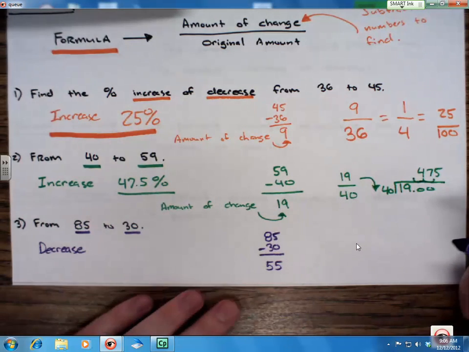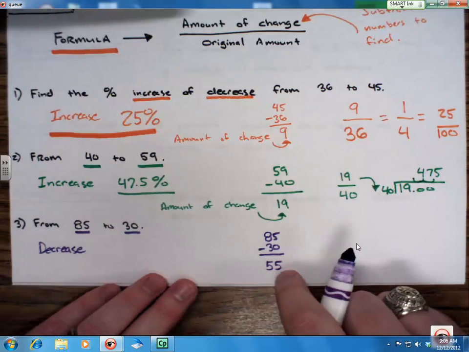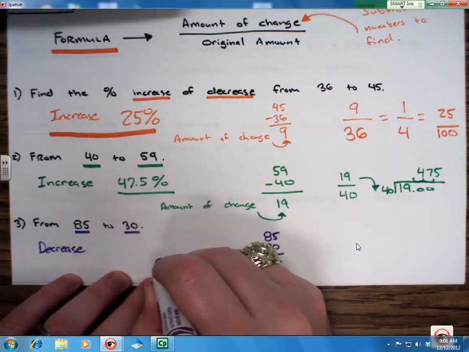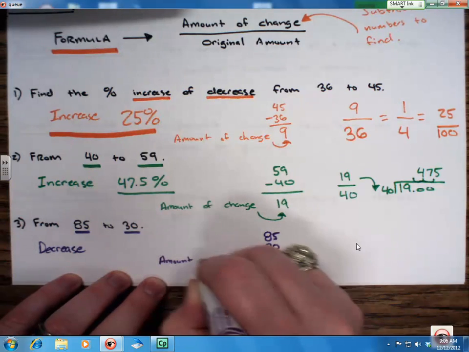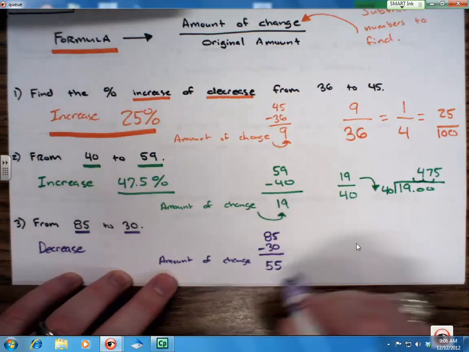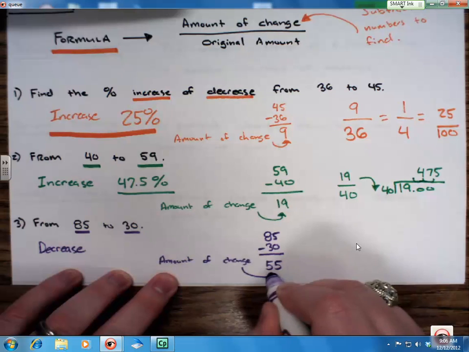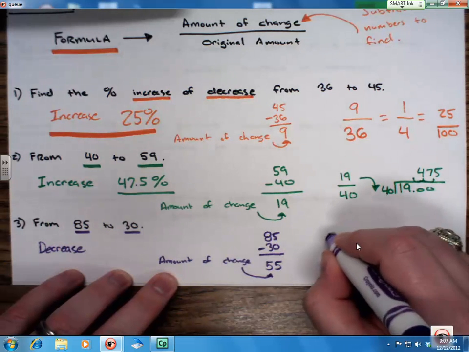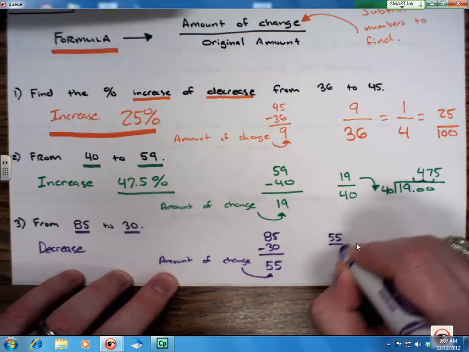Then I have to take my 55 and put it over my original amount, which on this one, my original amount is 85. That's my amount of change right there. So I'm going to have 55 over 85.